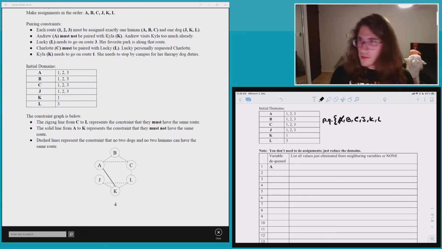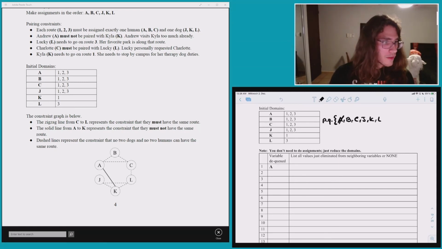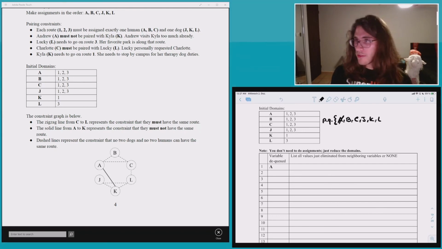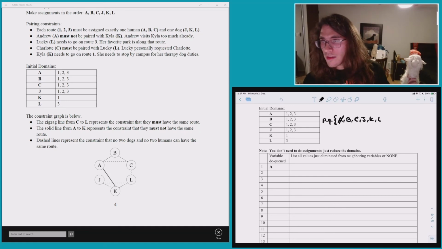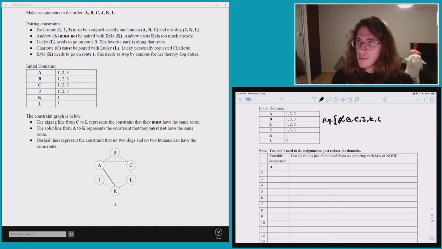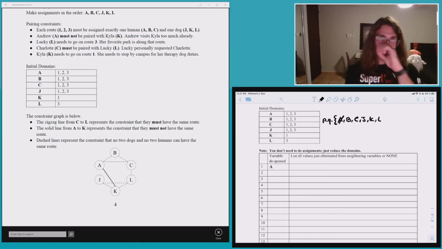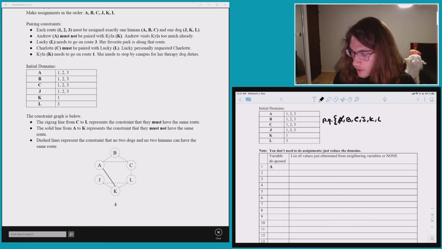I look at the constraints on the other window, and because A's domain is relatively flexible, it can be 1 or 2 or 3, there is no value in the other variables that when assigned would conflict with every single value in the domain of A. That's where we would eliminate something from the domain of another variable. So we don't eliminate anything.